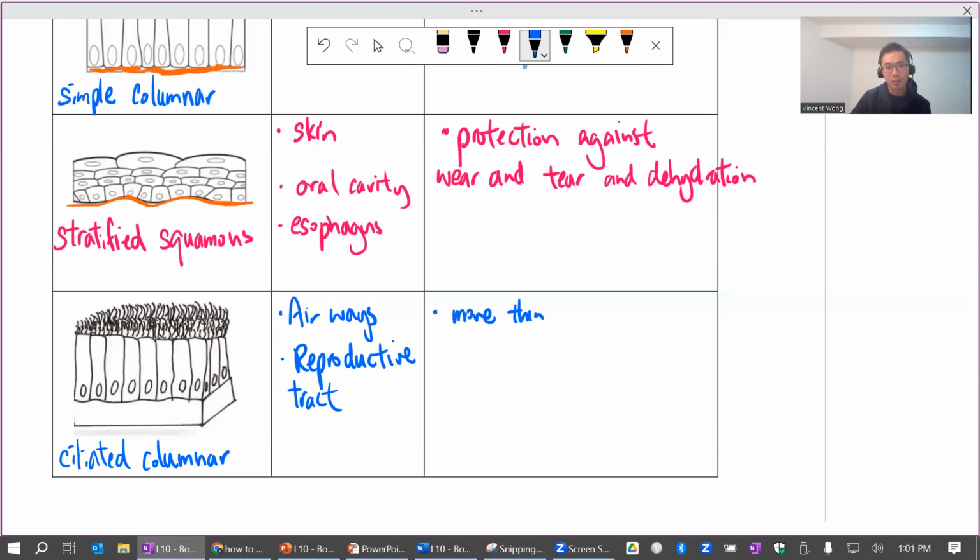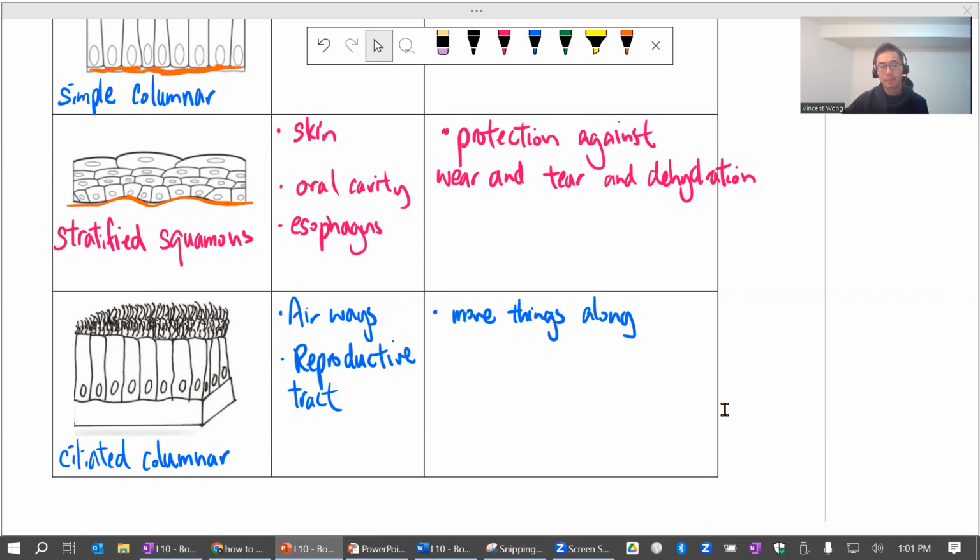Helps move things along, whatever that thing is. Could be mucus, could be egg. Okay, that's pretty much it.